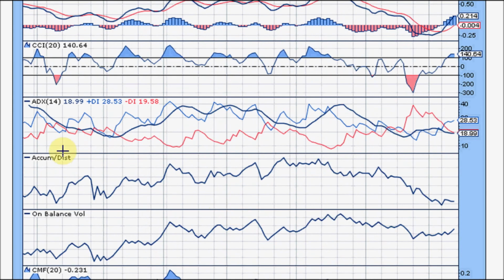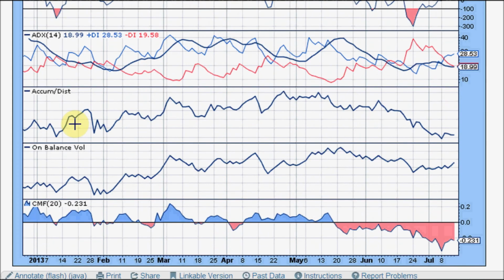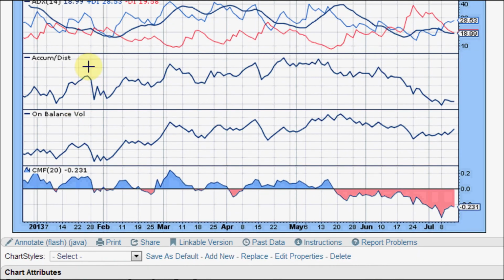Next up is the ADX, the average directional index. And we will cover this one and the CCI real soon because they're both very important. Okay, and then down at the bottom, we have the money indicators, accumulation, distribution, on-balance volume, and Chaikin money flow, which we will learn very soon.